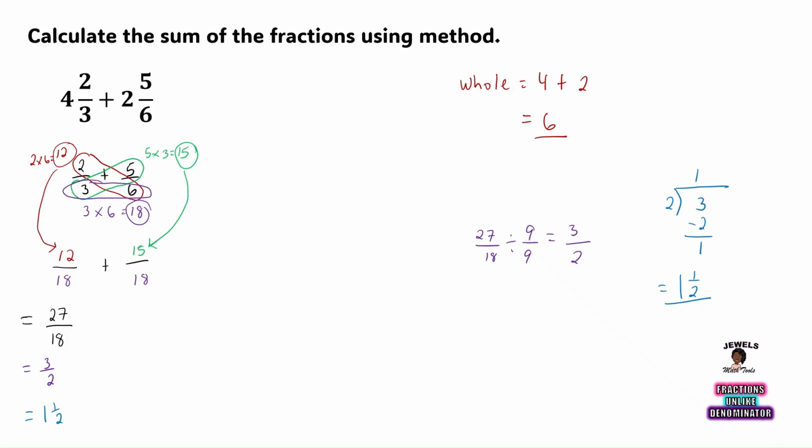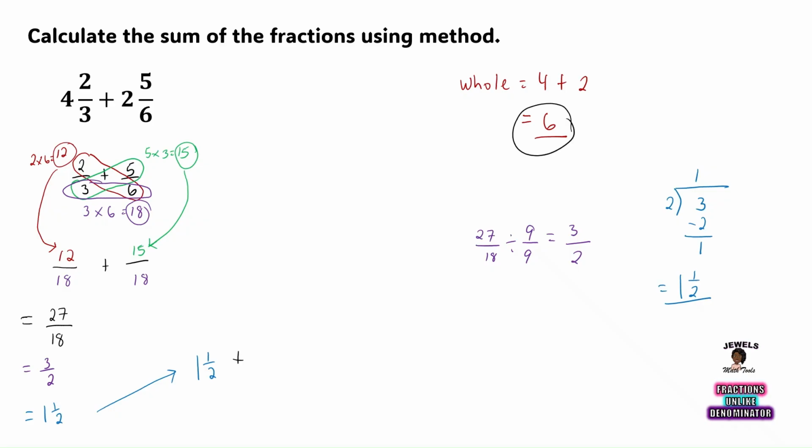Now remember that we have this 1 and 1/2, which is not our final solution. So we do have our 1 and 1/2. I'm going to trail that up here. So we have our 1 and 1/2, which is the answer that we got from our fractional part. Now remember that in our earlier working, we also had our whole number of 6 that we summed earlier within our question.